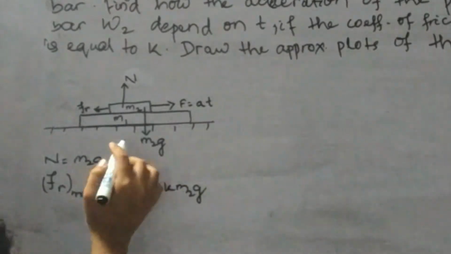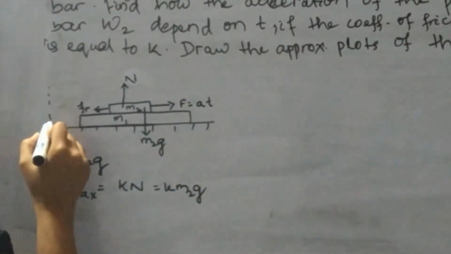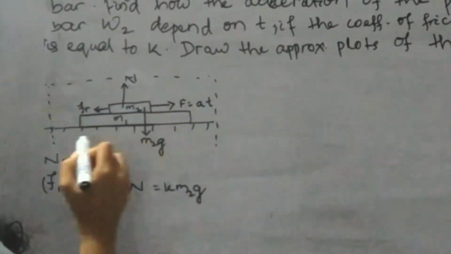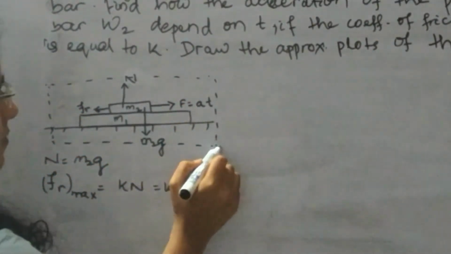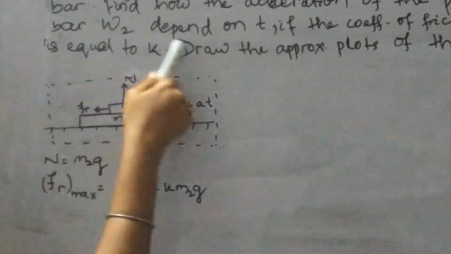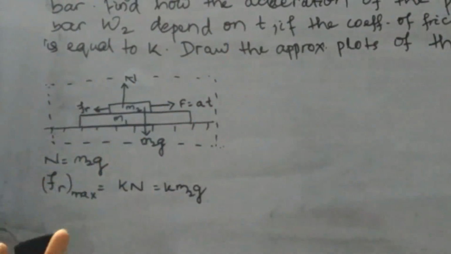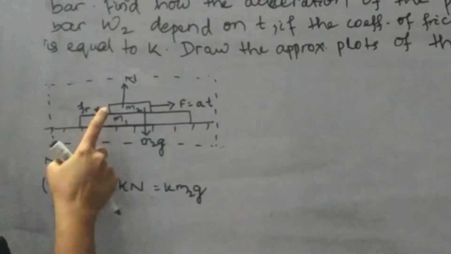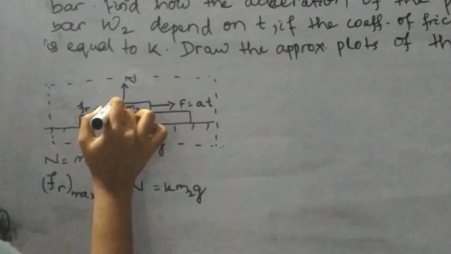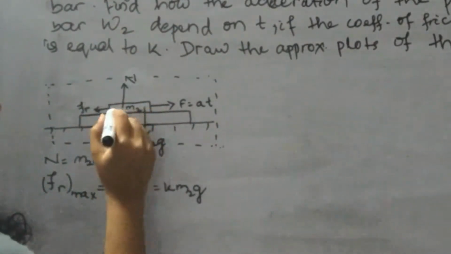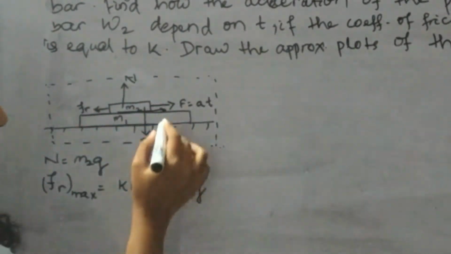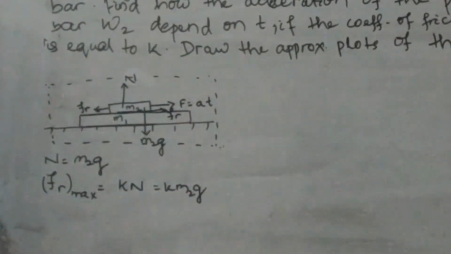Okay. So here you can see that if we consider these two bodies as a complete system, that is bar with plank, then there is no role of this friction, because the frictional force on the bar is in this direction and the frictional force on the plank is in this direction, Fr.